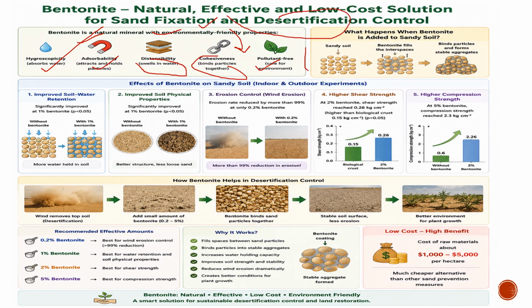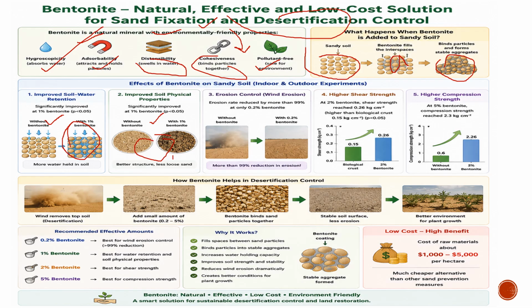Basically, when you apply bentonite to a sandy soil, it fills the underlying spaces and forms stable aggregates. Because of that, if you apply 1% bentonite, it holds more water. Along with holding water, it also improves structure, making soil porous.